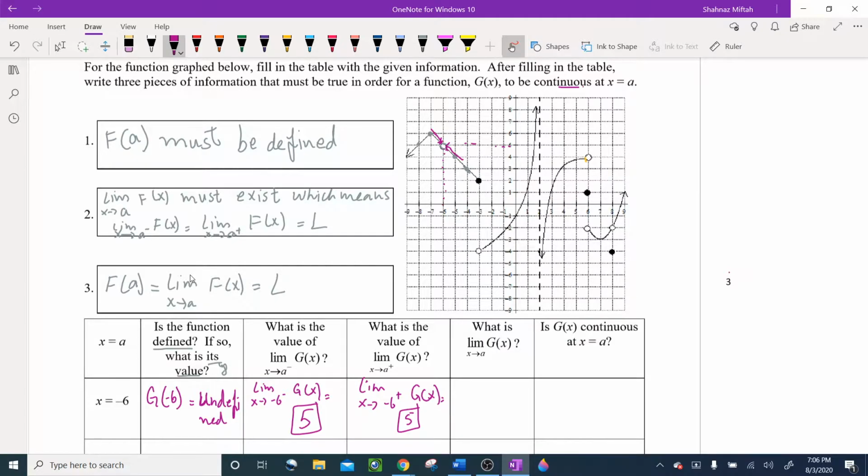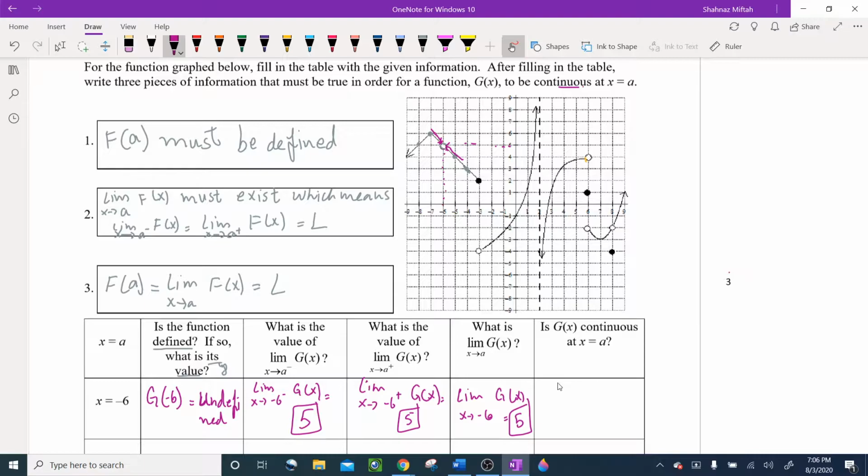But the problem is condition number 1 and condition number 3 are not okay, because first of all, the point has to be defined, which it is not. So I can say the limit as x approaches negative 6 of g of x, from left and right both, is equal to 5. So the limit exists.